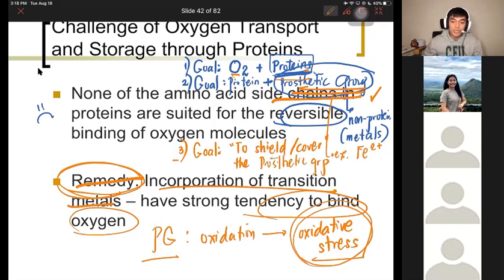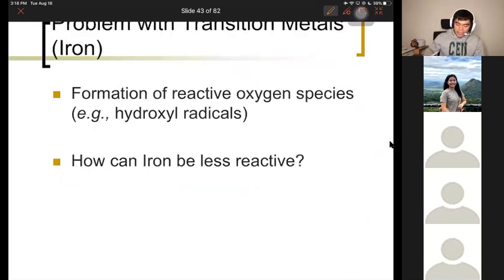So ang next goal natin is to shield or to cover the prosthetic group. So yan yung ating objective o yung ating goal. So by covering the prosthetic group such as iron, hindi siya magiging reactive. Okay? Hindi siya magiging reactive.